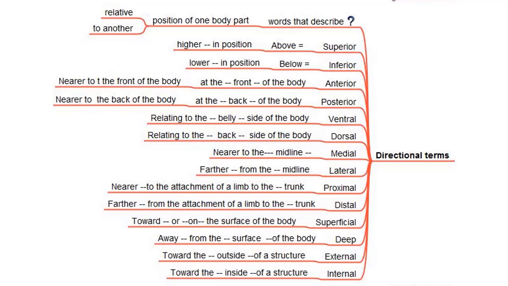Superficial and deep: if the structure is near the surface, it is superficial. If it is down deeper, then it is deep. External and internal, whether towards the outside of the structure or towards the inside of the structure.